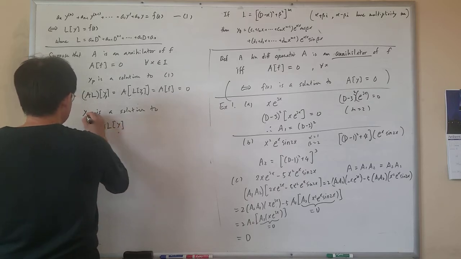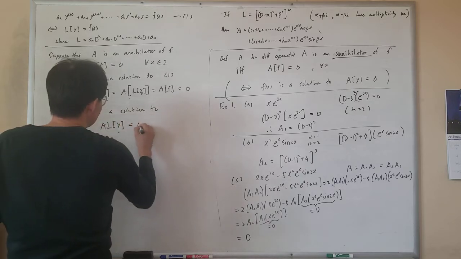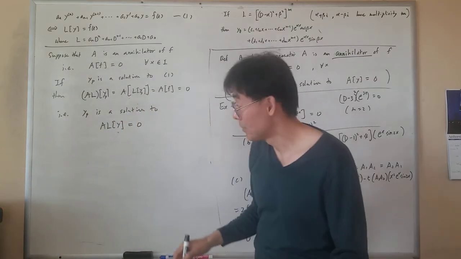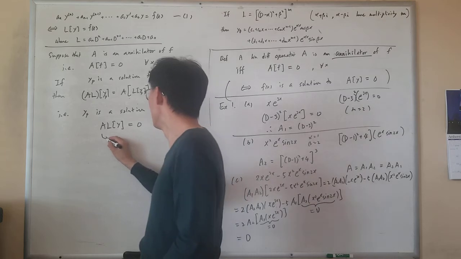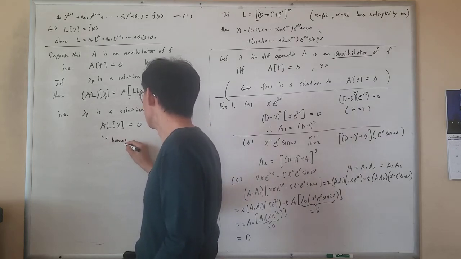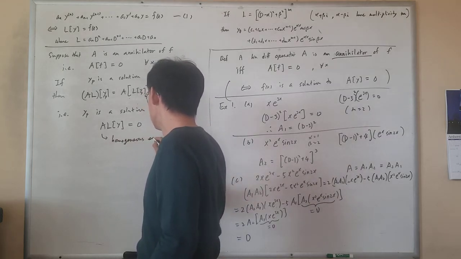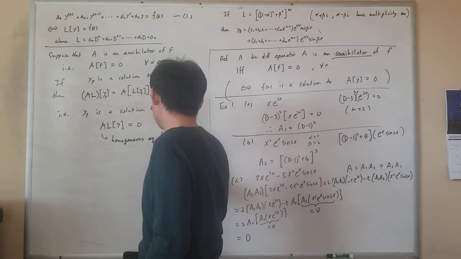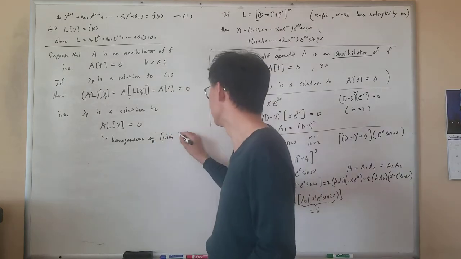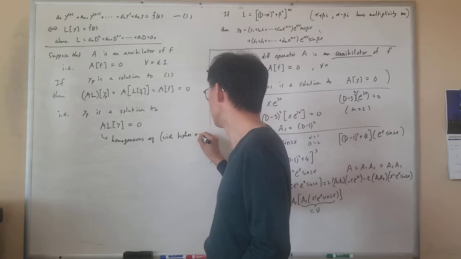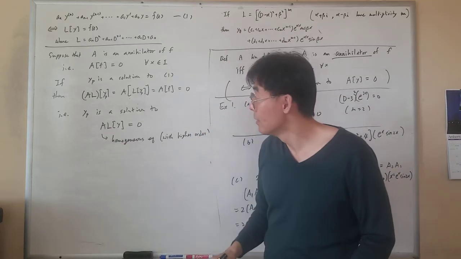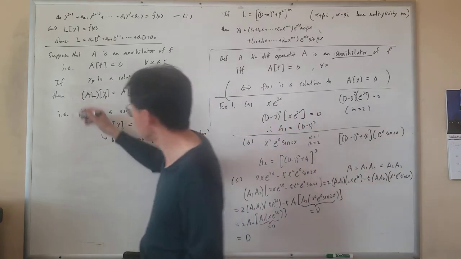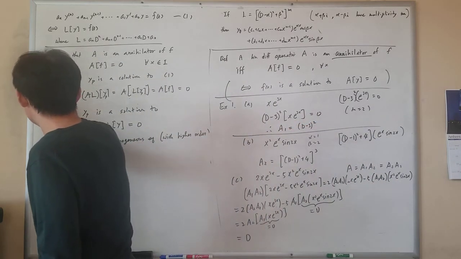So then yp is a solution to this differential equation. This is now homogeneous, with higher order, because A also has some derivatives there. So this is a very important finding.